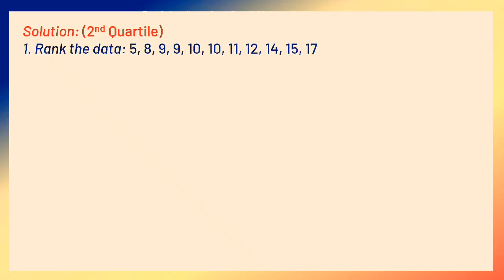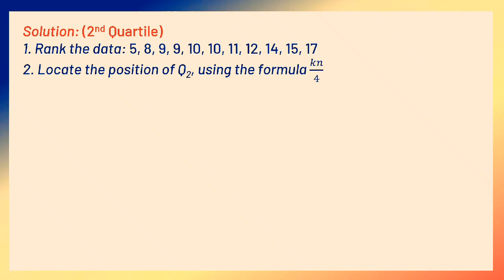The next value that we need to identify is the value of the second quartile. Since we have ranked the data, let's proceed to the second step, and that is to locate the position of quartile 2 using the formula k times n over 4.